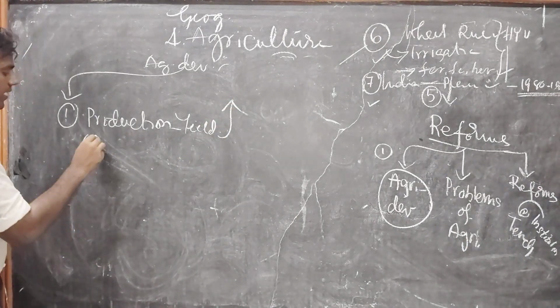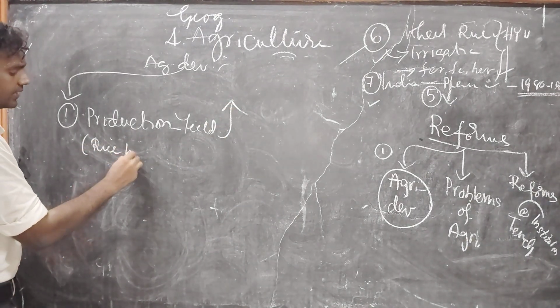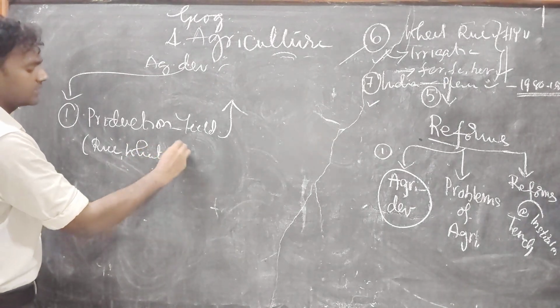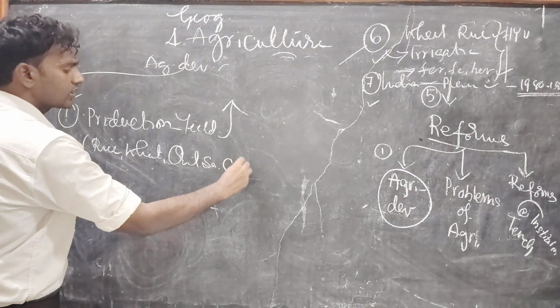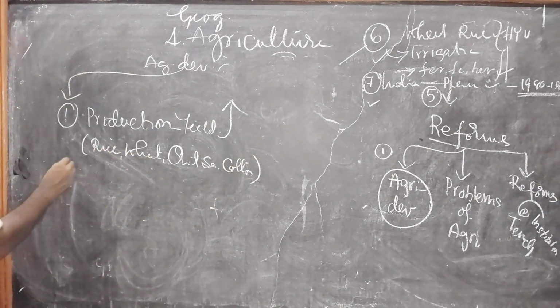Rice production is increased, wheat production is increased, oil seeds production is increased, and cotton production also increased.